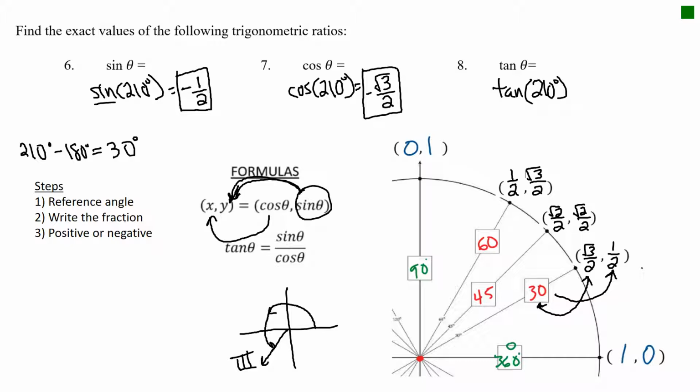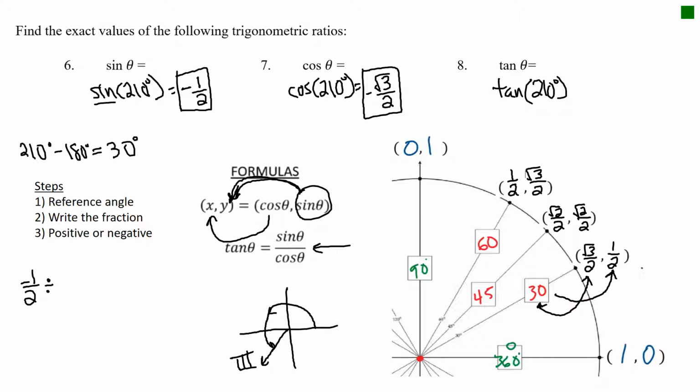Okay. And now tangent, this one tends to be the trickiest of all three, because we're going to use this formula to figure it out. So now, according to the formula, we take sine and divide it by cosine. So my answer was negative 1/2. And I'm going to write this as a division, like horizontally.